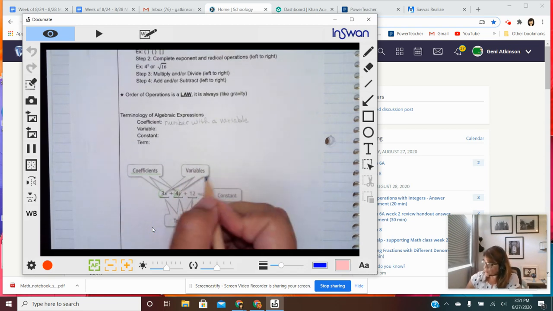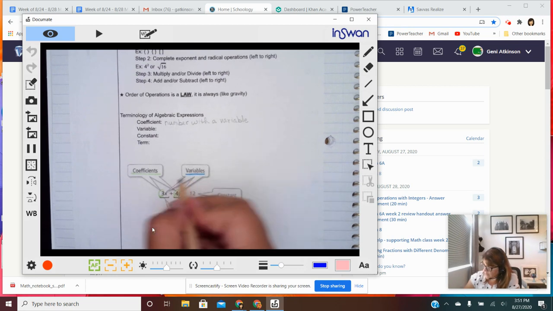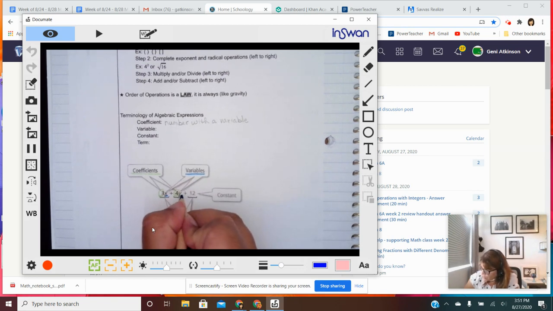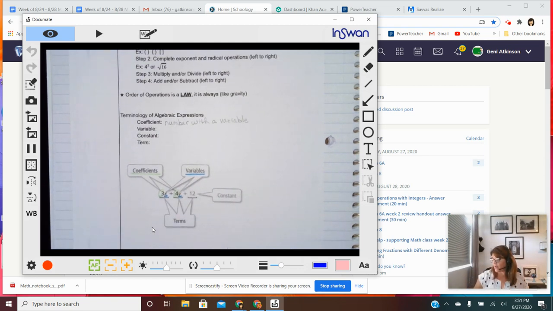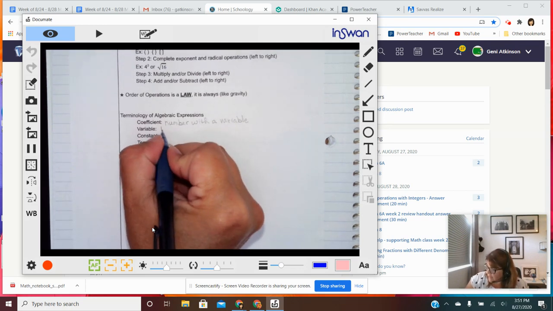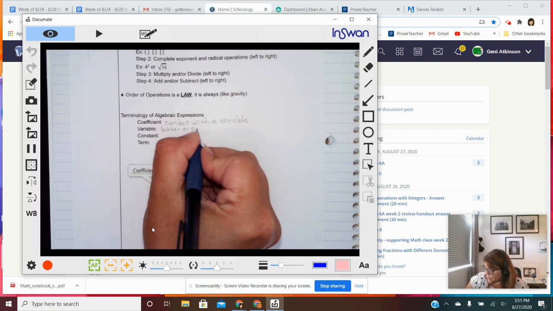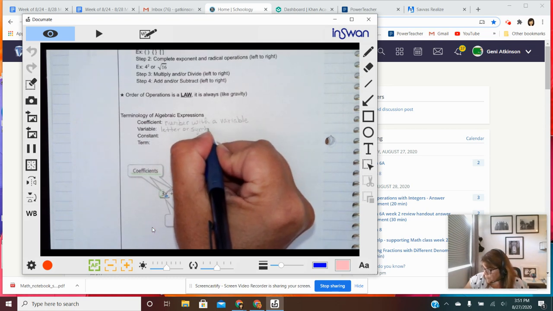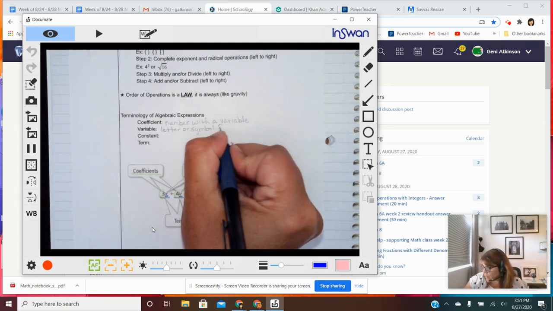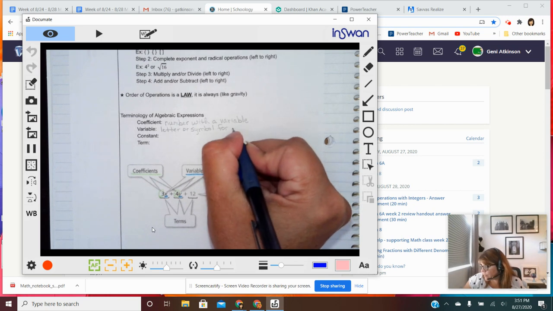The variables are the letters. A variable is a letter or symbol for an unknown value.